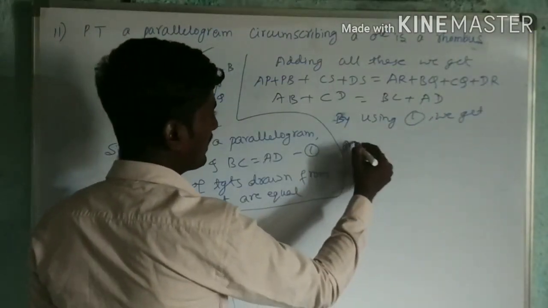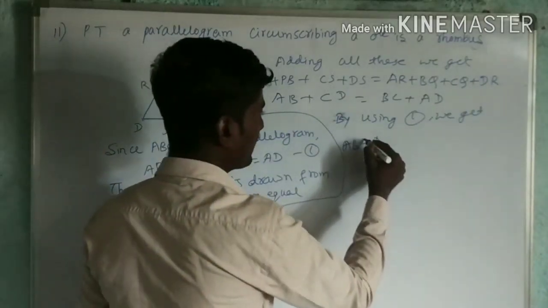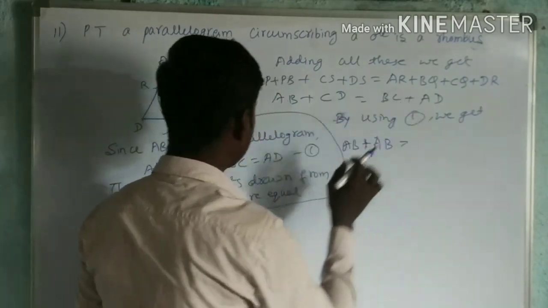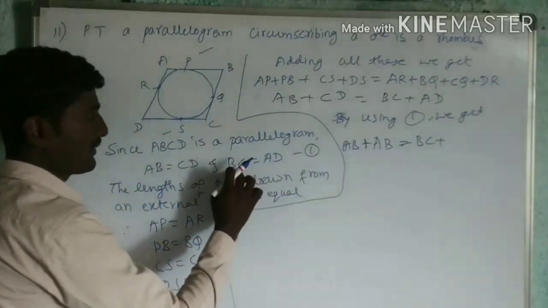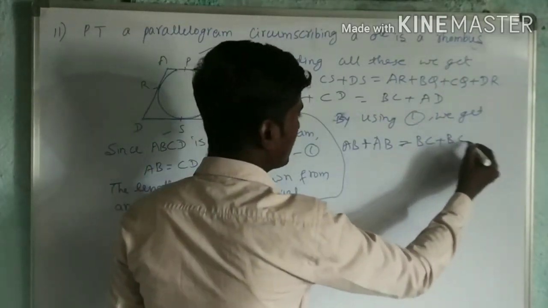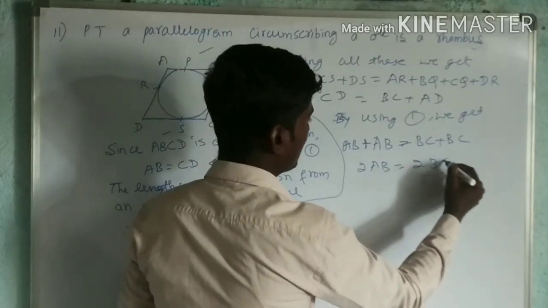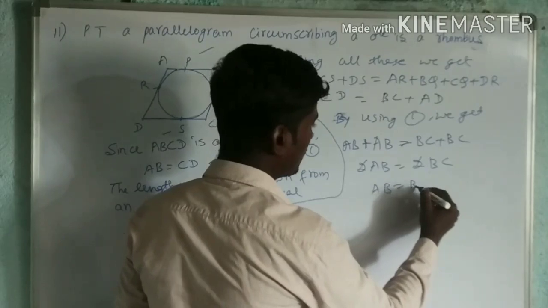Now this will be AB plus AB is equal to BC plus, in place of AD, again BC. Now 2AB is equal to 2BC. So the 2 gets cancelled, AB is equal to what? BC.